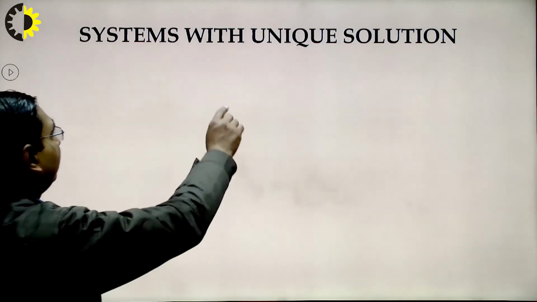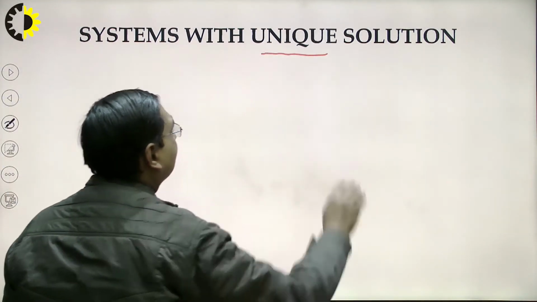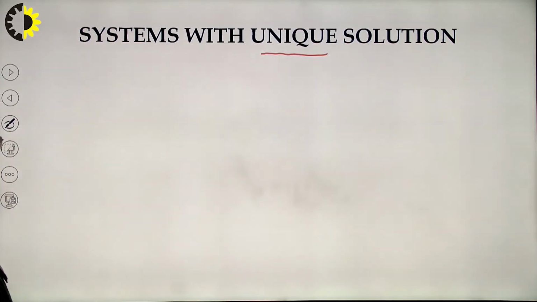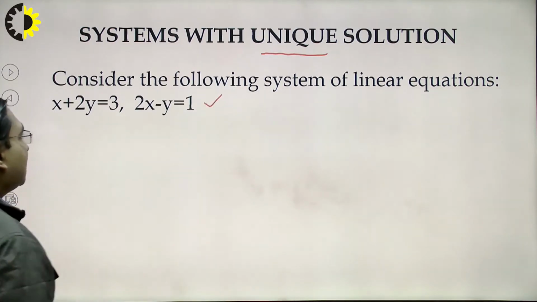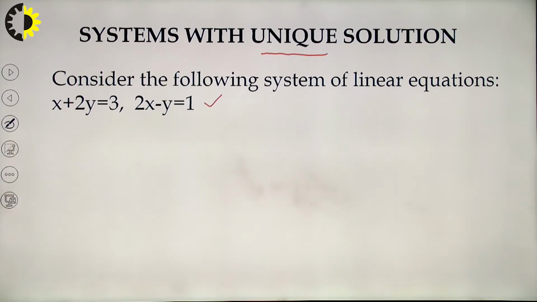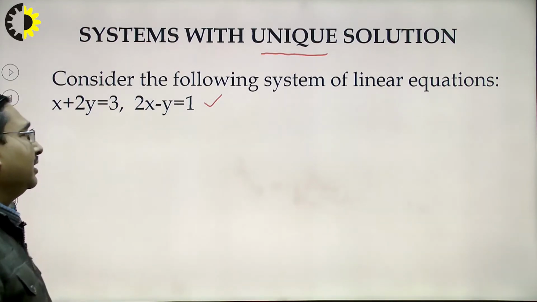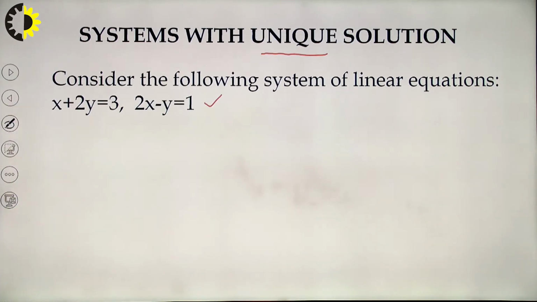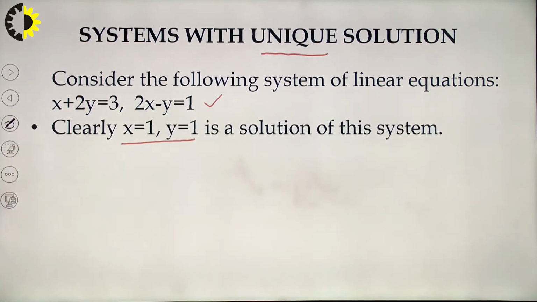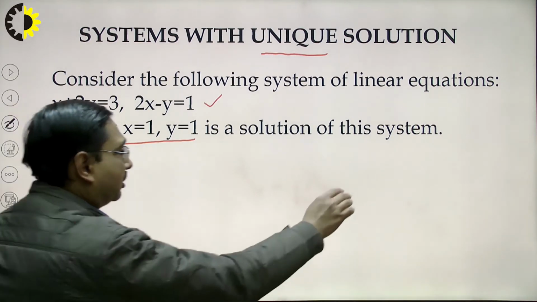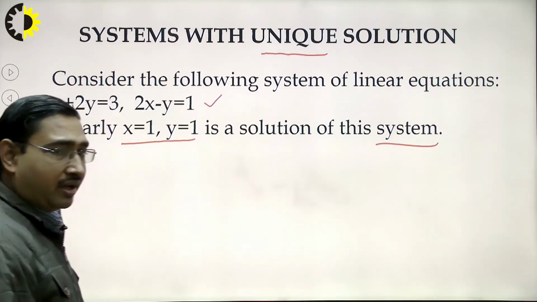First of all, we see what a system with unique solution is. Consider the following system of linear equations: x plus 2y equals 3 and 2x minus y equals 1. It can be clearly seen that x equals 1, y equals 1 is a solution of this system. Why?